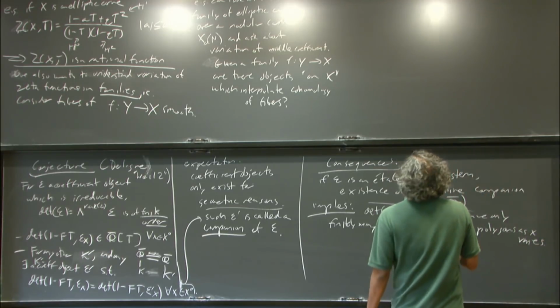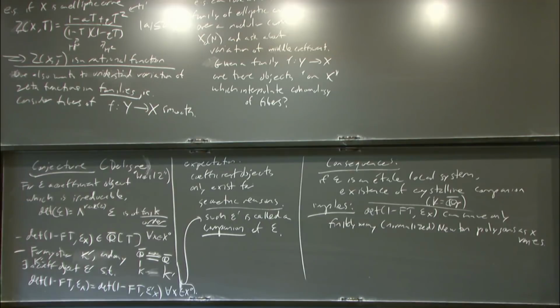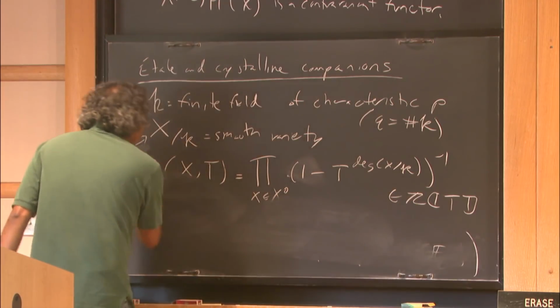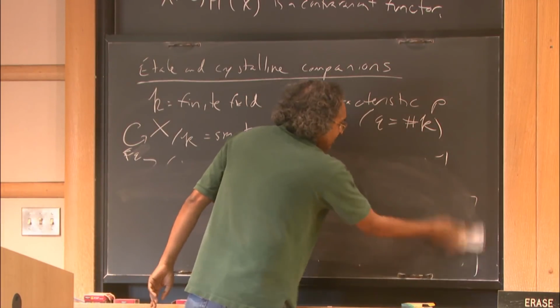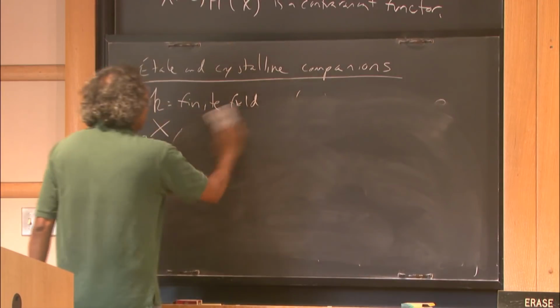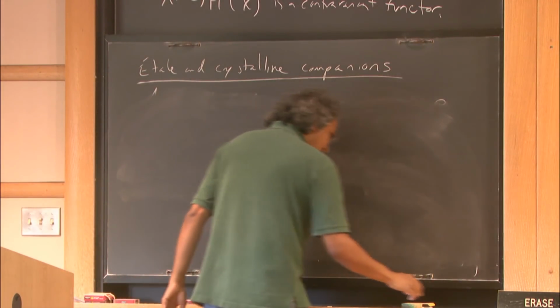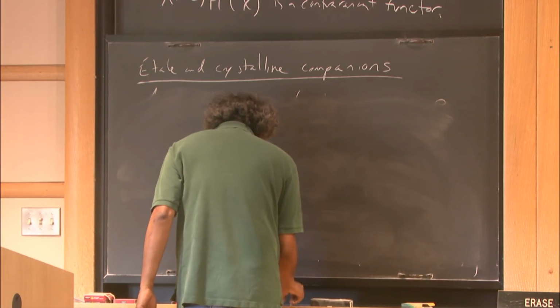So let me make some space to give you an example of this. To show you that this is a non-trivial assertion, let me show you what this says in the case of elliptic curves, which may be a familiar statement, but if you haven't reflected on it, you might not have realized that it's actually a highly non-trivial statement, because we kind of think of it as second nature.